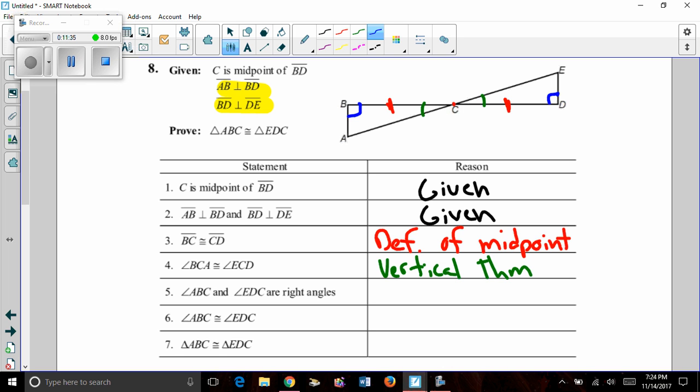So we have two right angles. That is the definition of perpendicular. And let's see what we might be able to piece together.